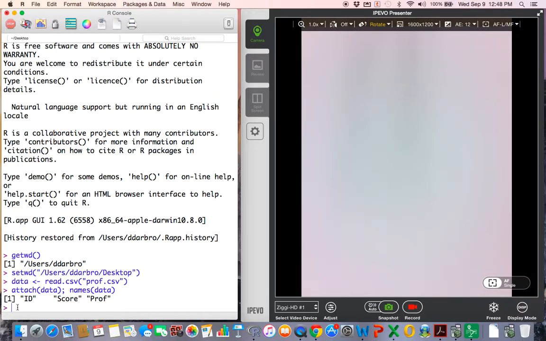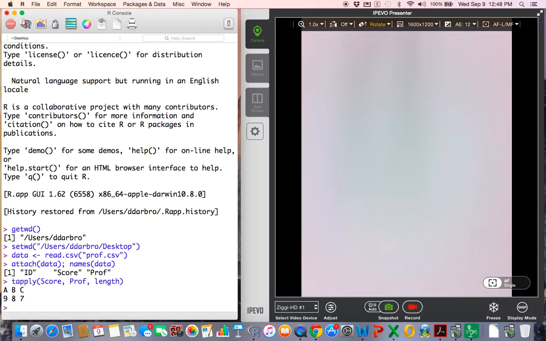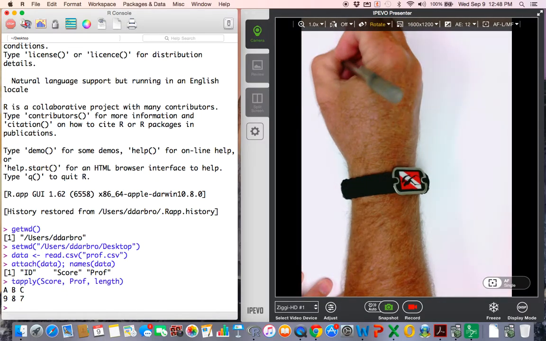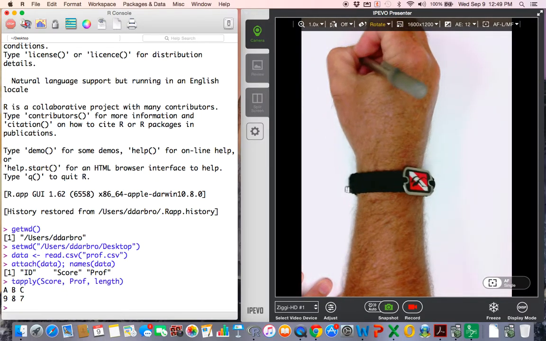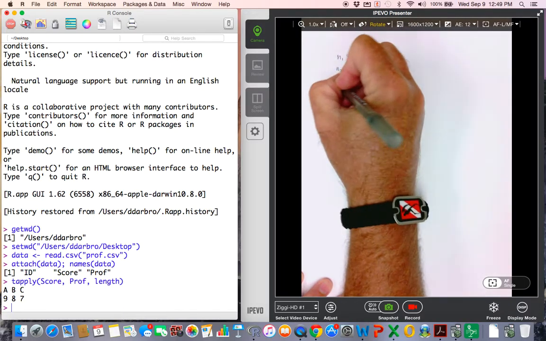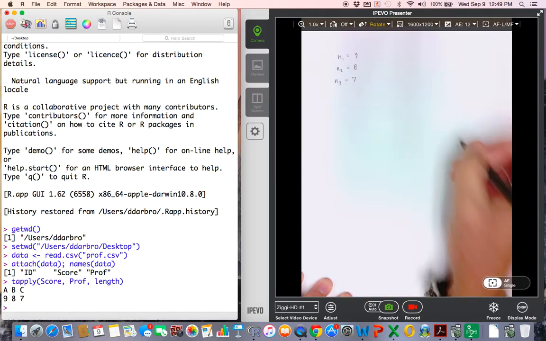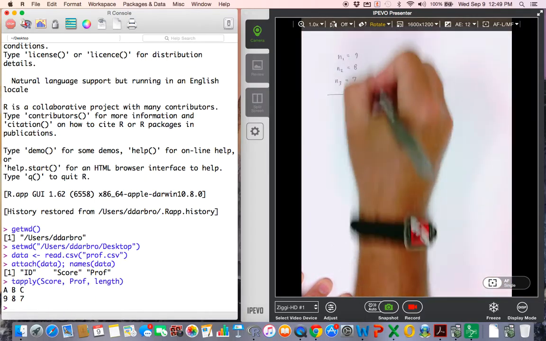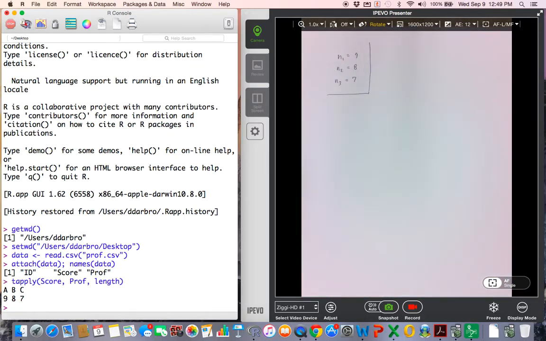So, gang, the first thing I'd want to do is find the sample sizes. I would use tapply for my score over my profs, and that is found by going length. So one thing I know is that N1 is equal to 9, N2 is equal to 8, and N3 is equal to 7. Let's find our sample means.